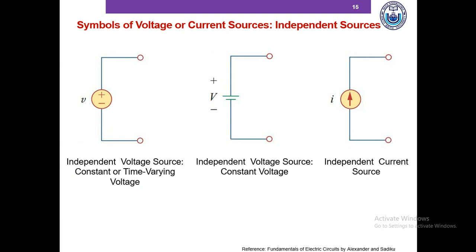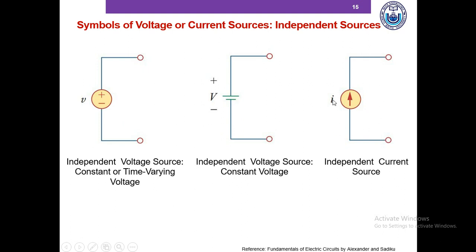Now we're going to look into some of the symbols of those voltage and current sources. So both of these are symbols of independent voltage sources, but we're going to use this one, as it is most commonly used. And this one on the right here is the symbol of an independent current source.